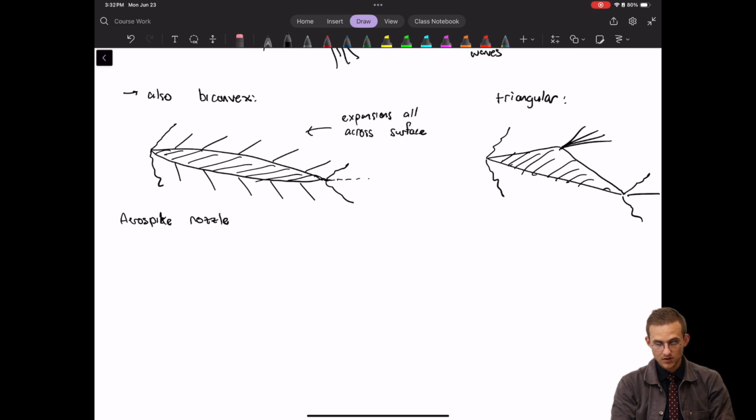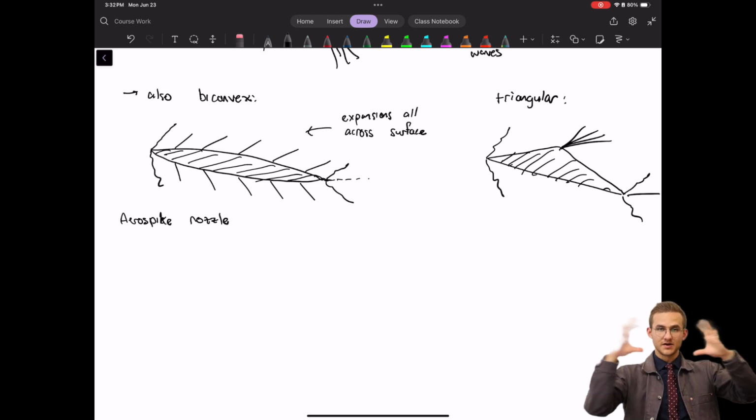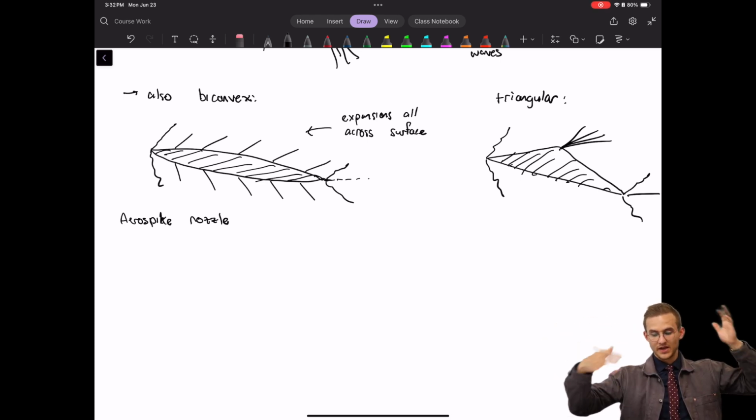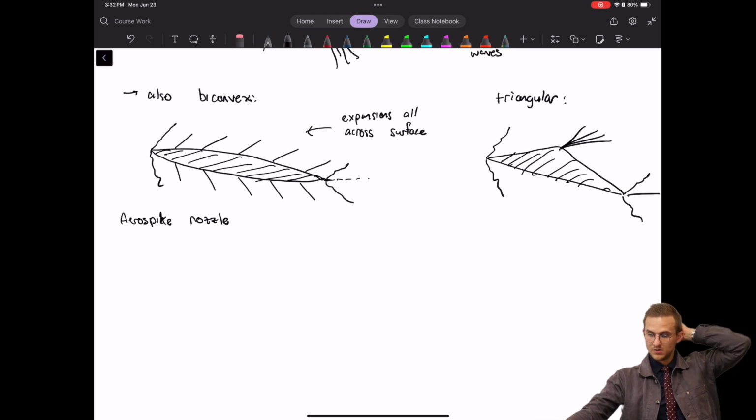And so one idea to mitigate this was the Aerospike or plug nozzle. One thing you might have thought of to deal with this operating regime issue is, well, why don't we just vary the nozzle exit area? And then that way the nozzle is either expanding the flow more or less, depending on what altitude you're at.